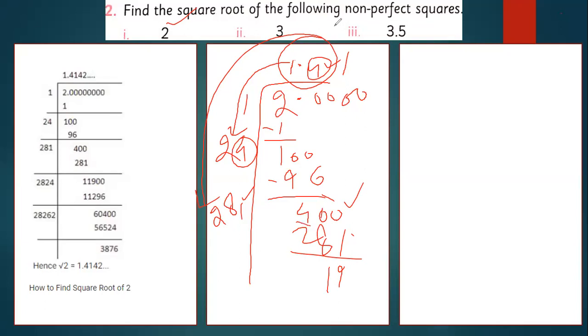And here this will be 4, and 4 minus 2 is 2. So just do it up to 2 decimal places. So your answer is 1.41 and so on. It keeps going, so I have just done it till this point. So it is enough.